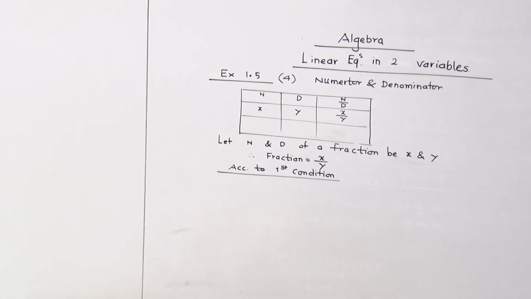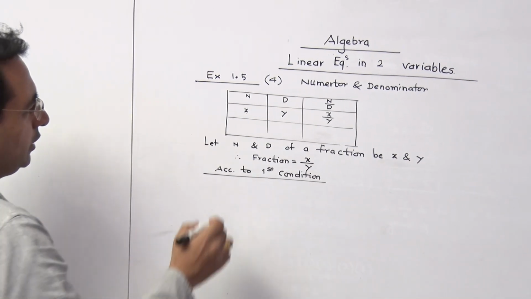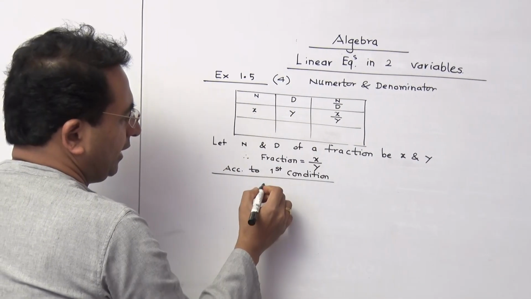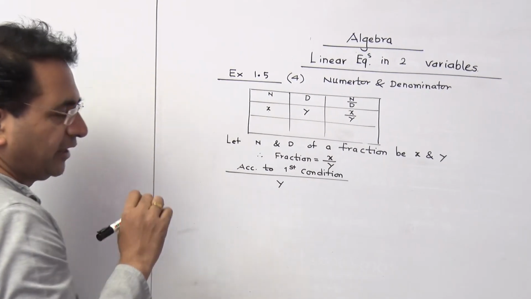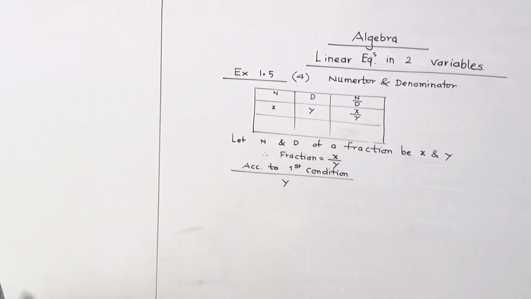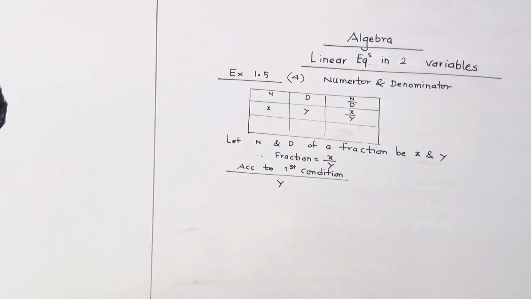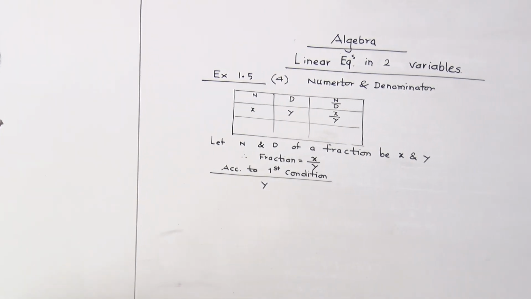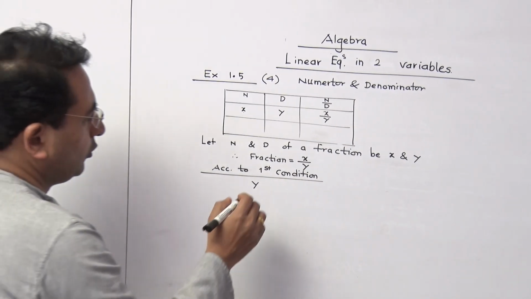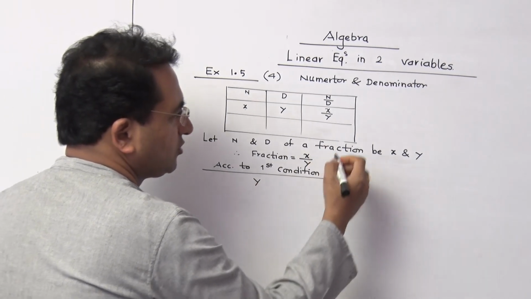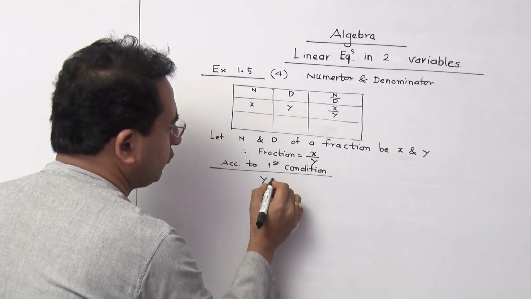They have given denominator of the fraction. The denominator of the fraction is y. After that, the word is coming there. So when you get the word like was, will be, is, you have to put equal to sign here.